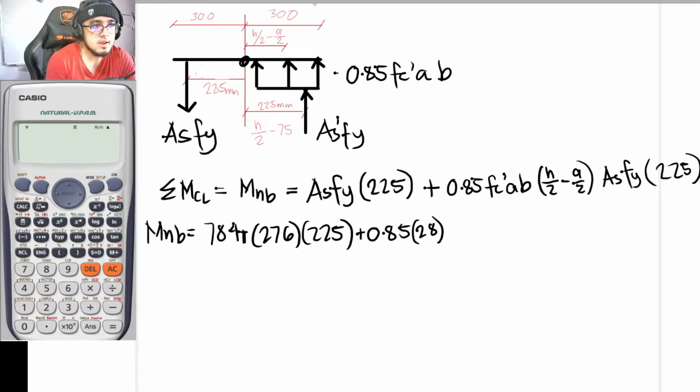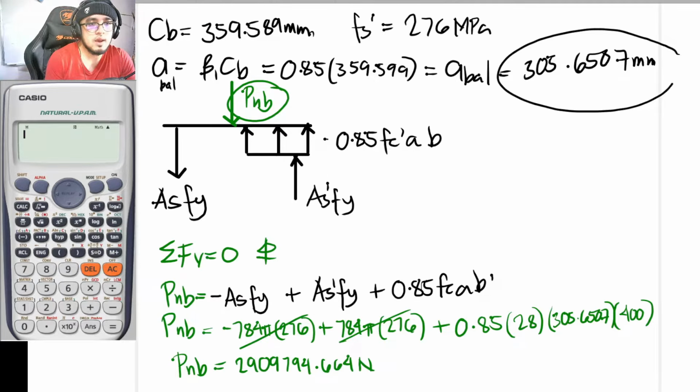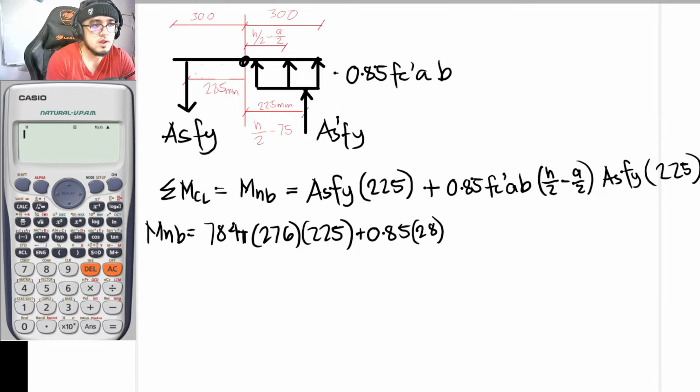And for our a, so a balance is to be 305.6507. So 305.6507 times b of 400 times h over 2. What is to be our h over 2? That is to be 300, minus a over 2, which is to be 305.6507 divided by 2.